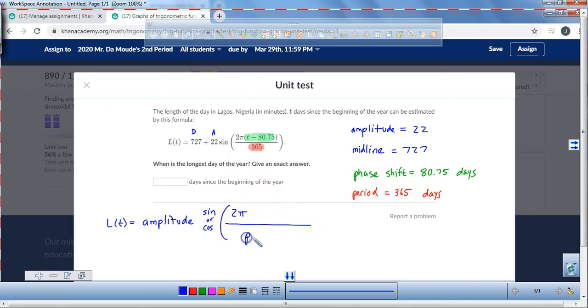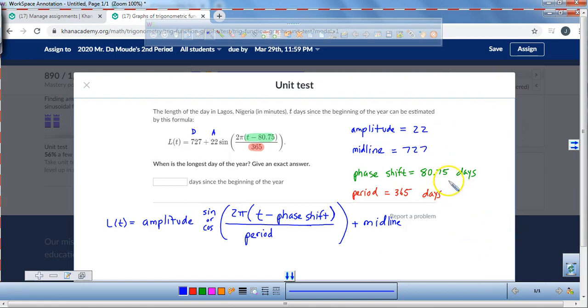This right here, whatever number's down here, will always be the length of the period. Then I'm going to put t, that's the letter T, minus whatever the phase shift is. I'll close the parentheses. And then we're going to put plus the midline.